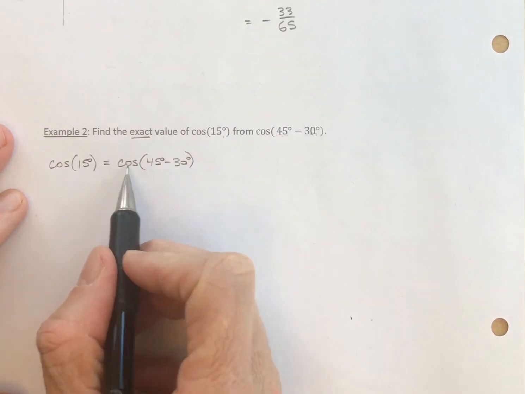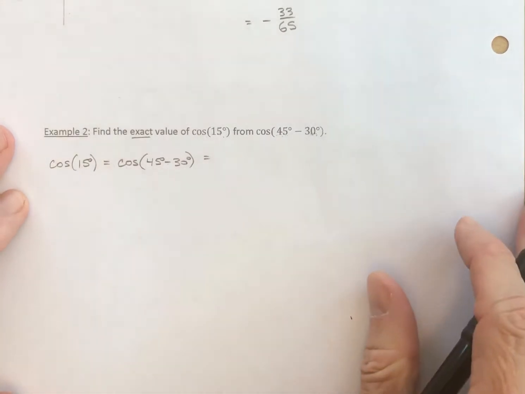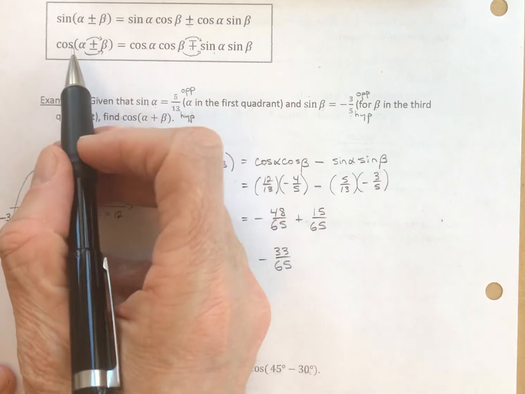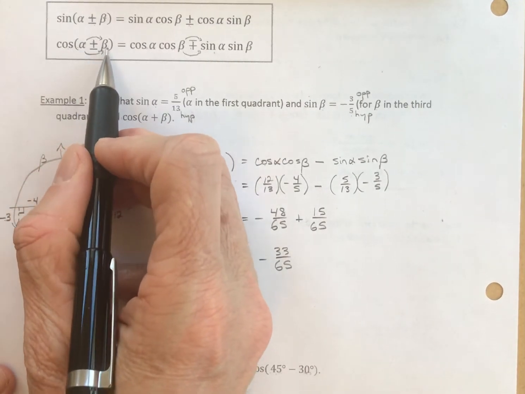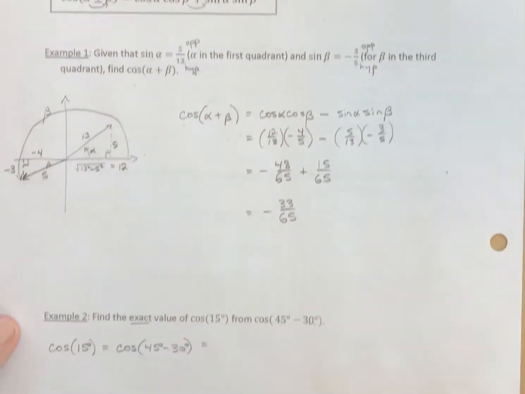This is the cosine of alpha minus beta. Okay, well, from up here, cosine of alpha minus beta is cosine cosine plus sine sine.